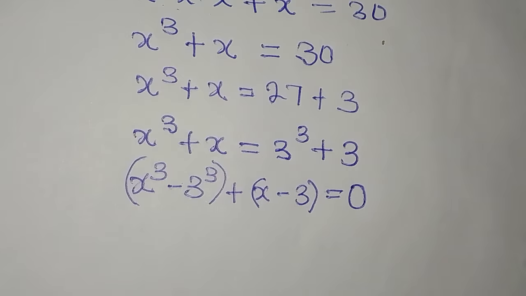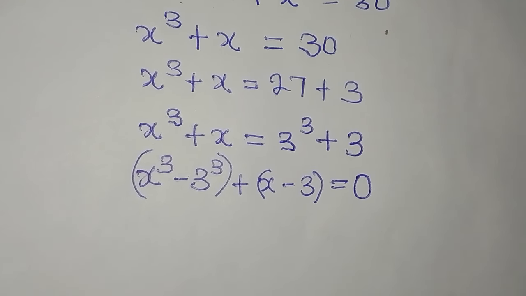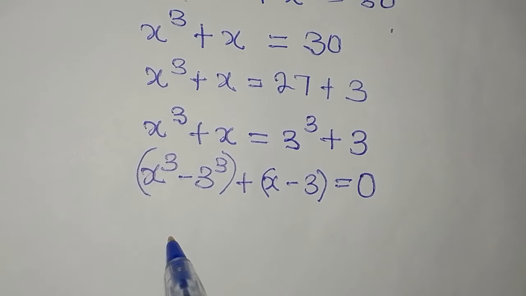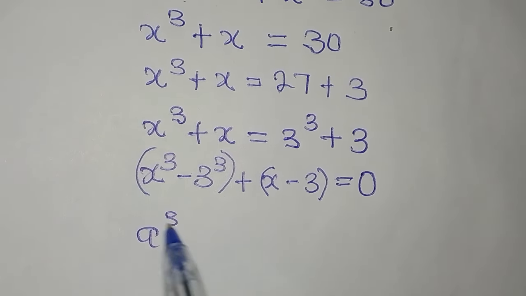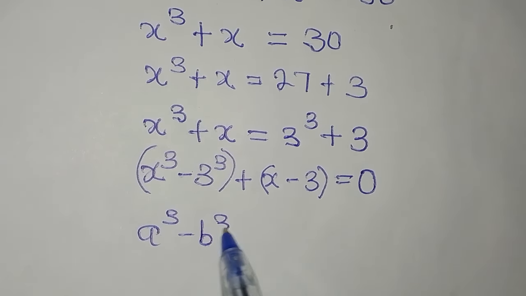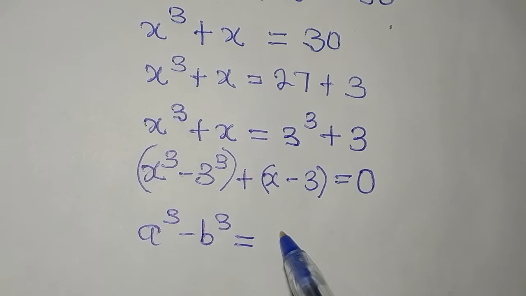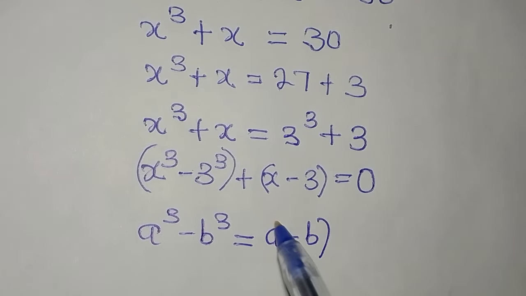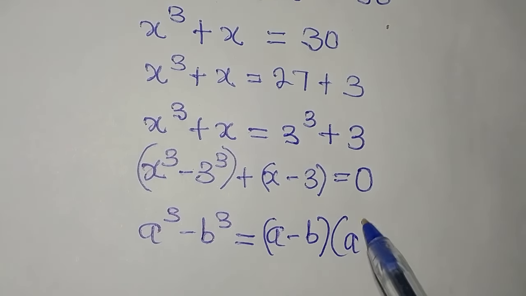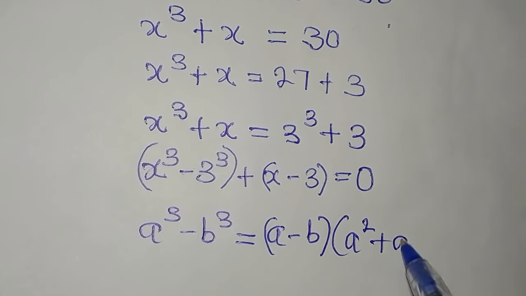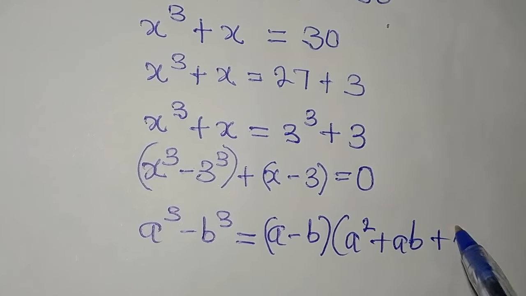Okay, so the next point now is to apply difference of two cubes. Remember that a to the power of 3 minus b to the power of 3 is the same thing as a minus b into a squared plus ab plus b squared.